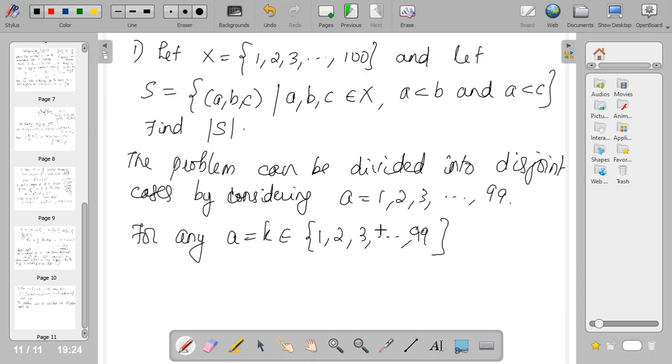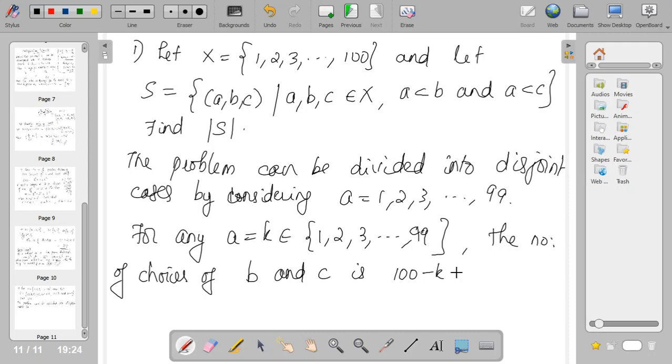So the number of choices of b and c is 100 minus k each.